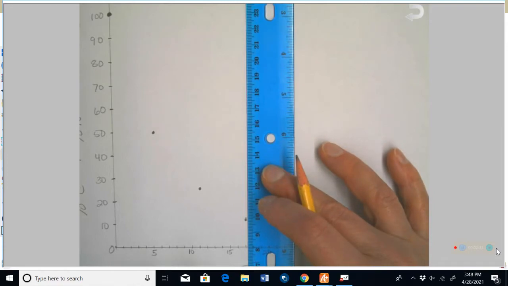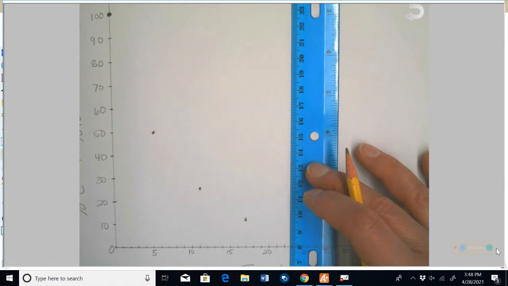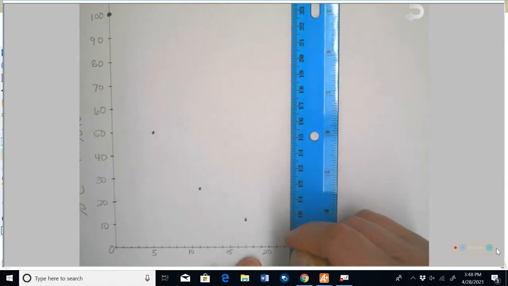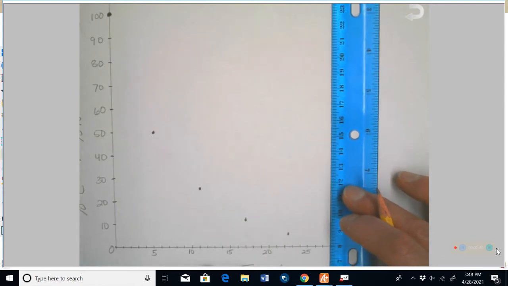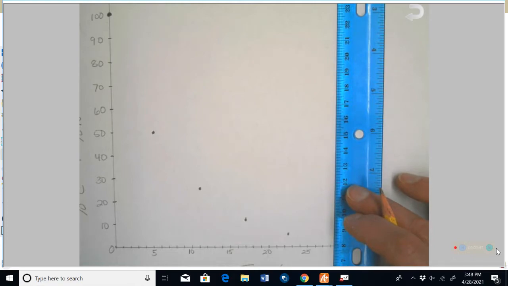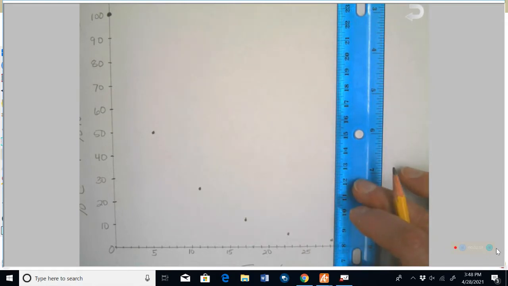And then 22,800 years, I'm down to 6.25% carbon-14. And then after 28,500 years, I'm down to approximately 3% carbon-14.